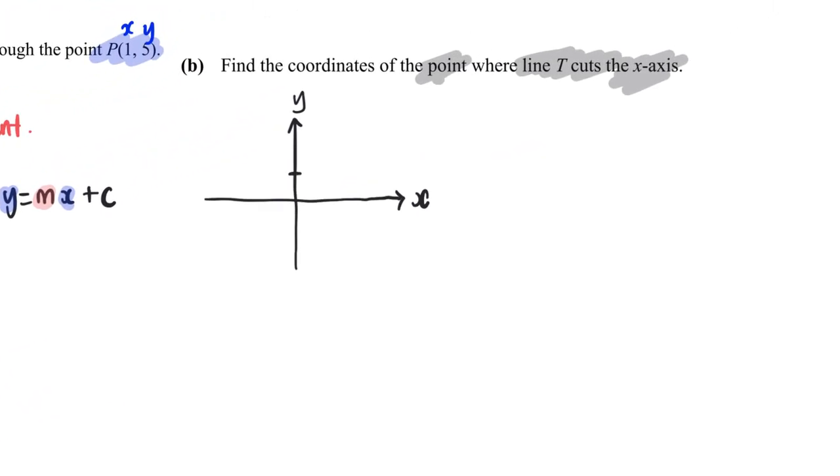And there's this line with positive gradient. So this is my line T. And then, where is the point where it cuts the x-axis? Yep, this point here. And at this point, the y is equals to 0.